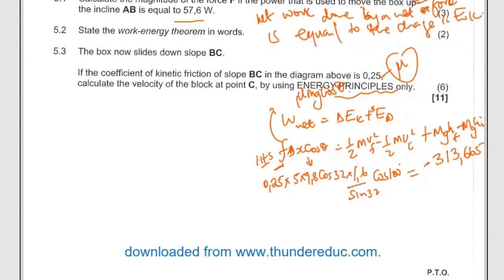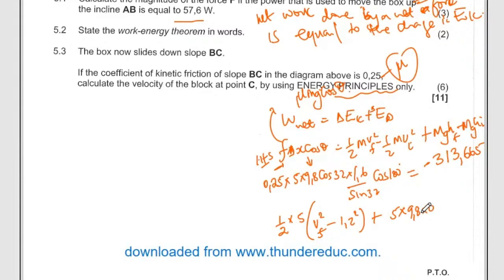Then when I look at the right-hand side, let me look at the EK case. It's going to be a half, the mass is 5, into my v final, which I don't know, minus my v initial. What was the v initial? It was 1.2. And then when I look at my EPs, the mass is 5, the gravity is 9.8, the height is 0.